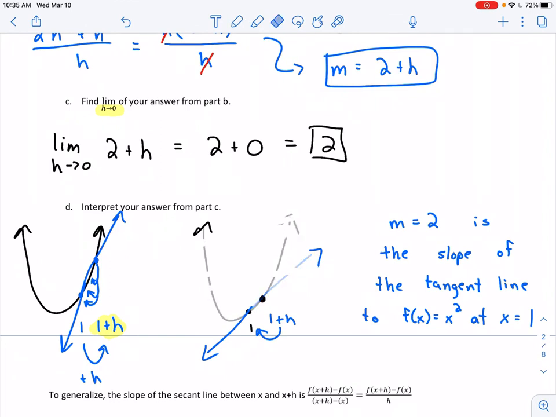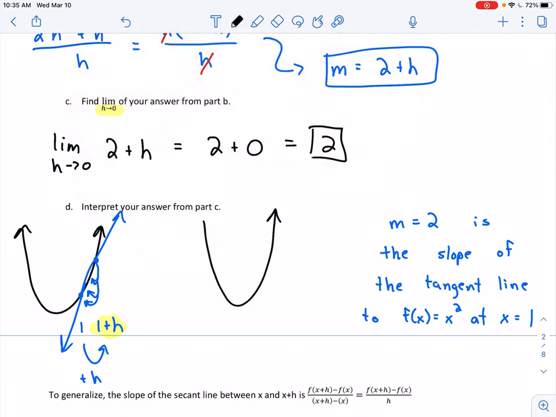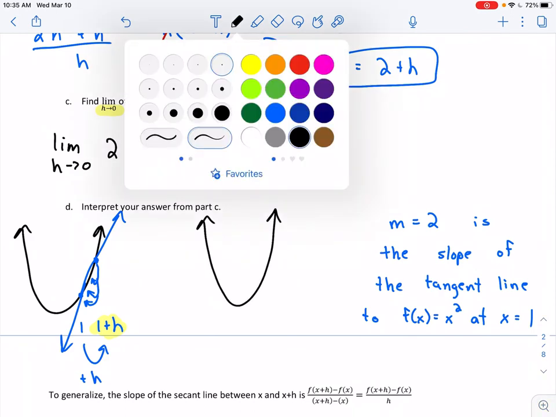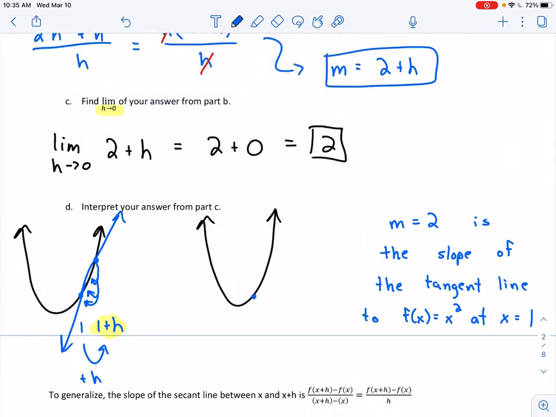So if I were to graph my parabola of x squared and say here is x equals 1 and sketch in the tangent line, which we know looks like this, I know that the slope of that tangent line is 2.